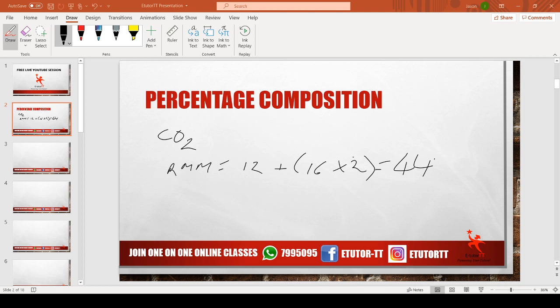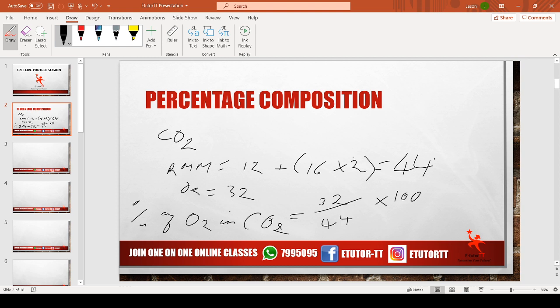So the percentage of oxygen in CO2 equals 32 divided by 44, which is the total RMM, multiplied by 100.